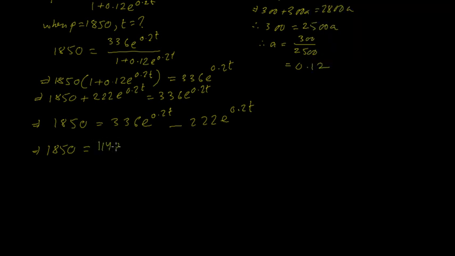So 114 e to the power 0.2t, so e to the power 0.2t equals 1850 divided by 114. I'm just writing this in the reverse order because this equal to this and this equal to this is the same thing.